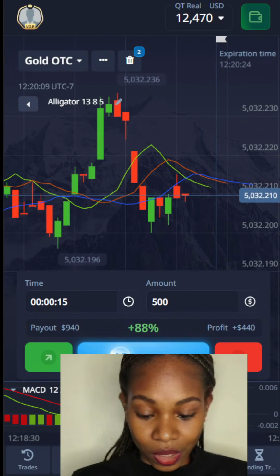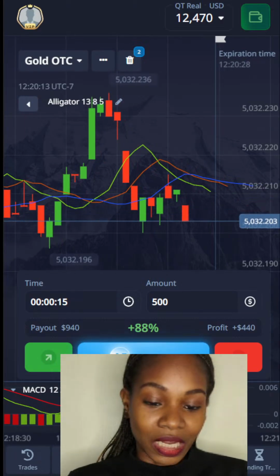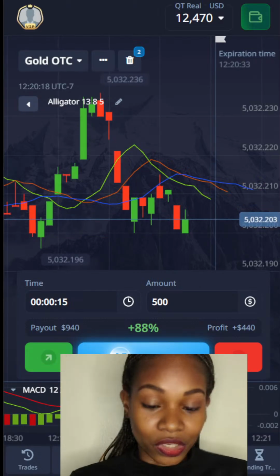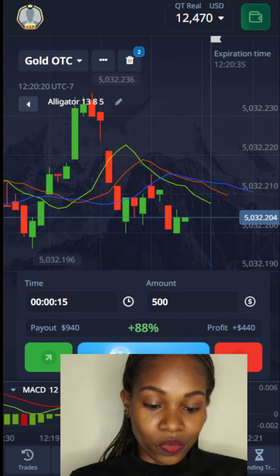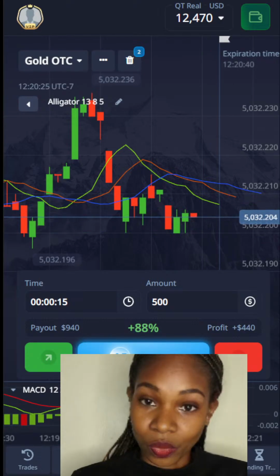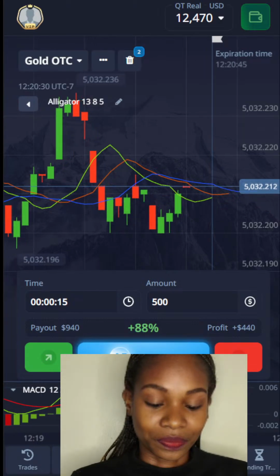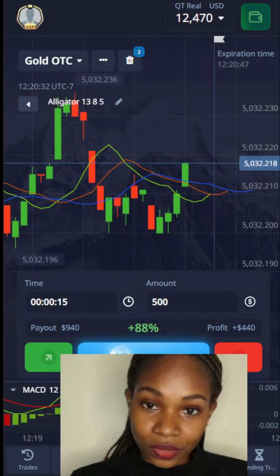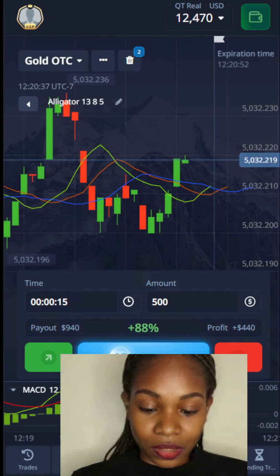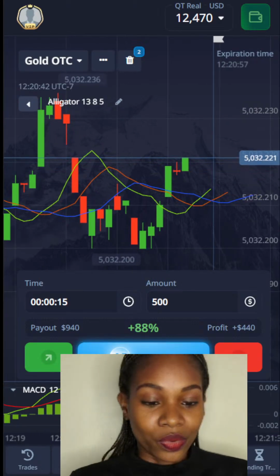Okay, so the importance of this alligator indicator, it helps us in one, the strength of that trend, or we look at momentum. Then we also look at the direction of the market. Which direction is this market taking? Is it in an uptrend, a downtrend? Are we ranging?